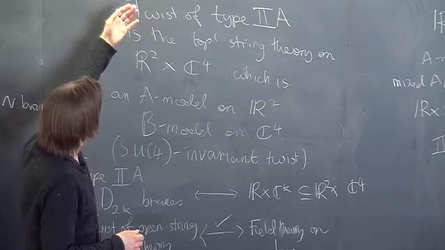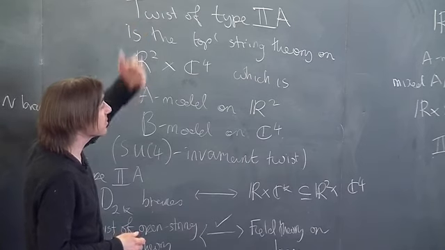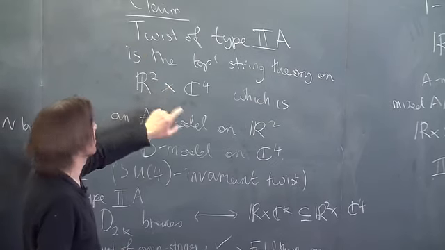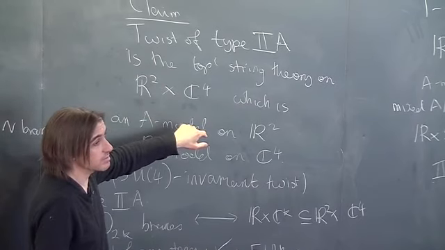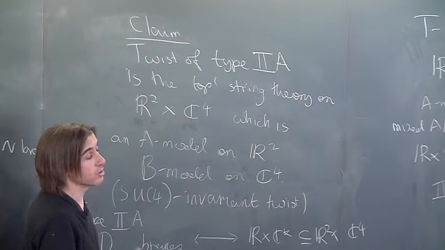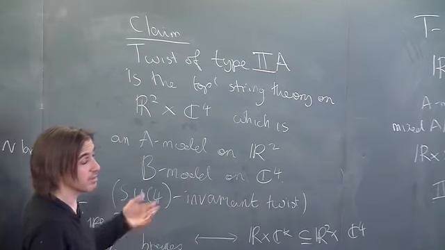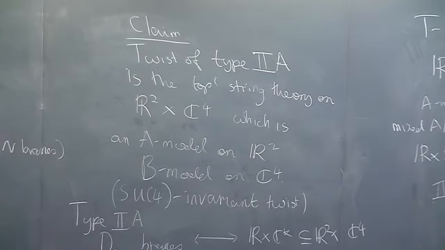So by using a different supersymmetry, I could describe it as the A model in R2 and R6 times C2, or on R10. And the B model could be B model on C5, A model on R2 times B model on C6, or A model on R8, B model on C.